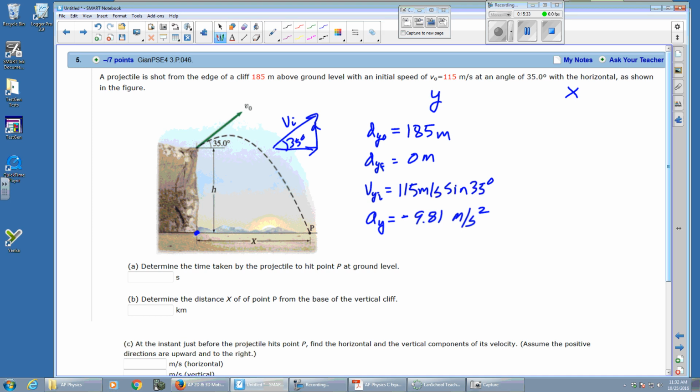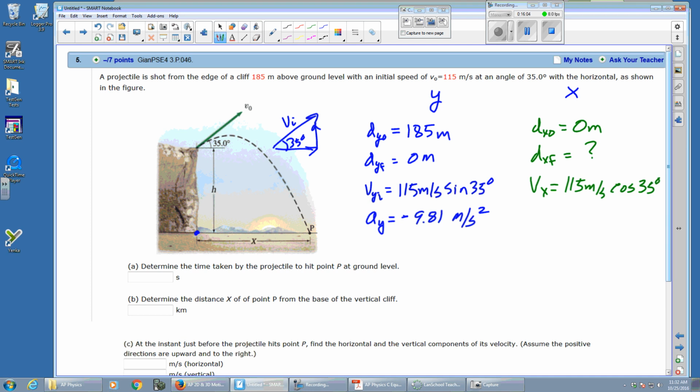My x, dx naught is going to be 0 meters. The x final is a mystery. The vx is going to be my 115 meters per second cosine 35 degrees.